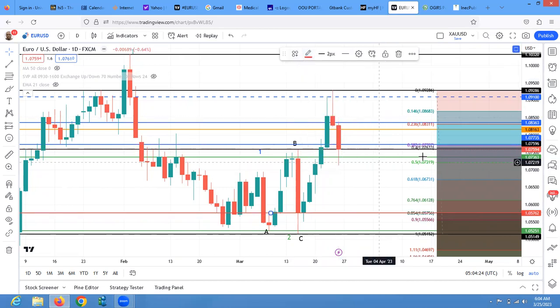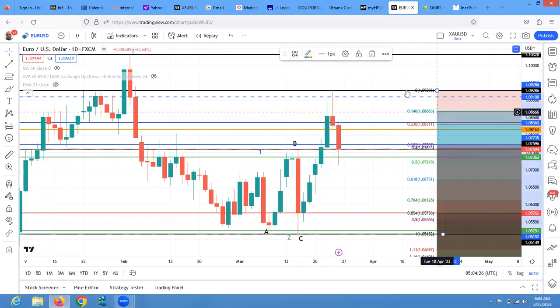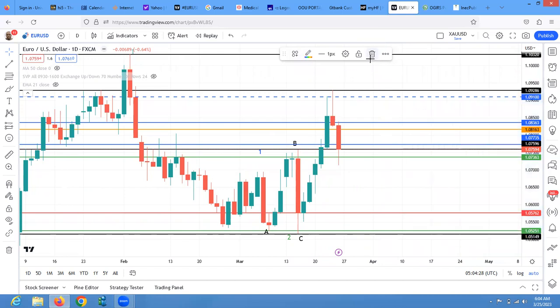That level must be taken out in red. So if price that is coming takes out this level, then I will know that most likely we are going to break structure again. We're going to continue a C.